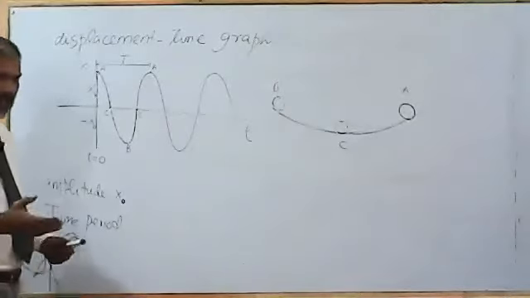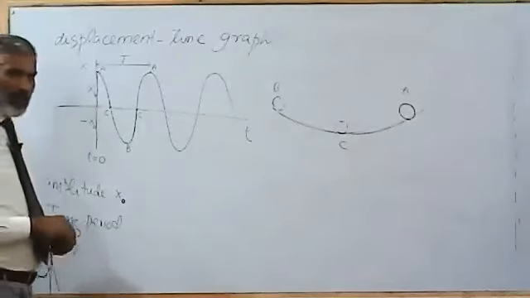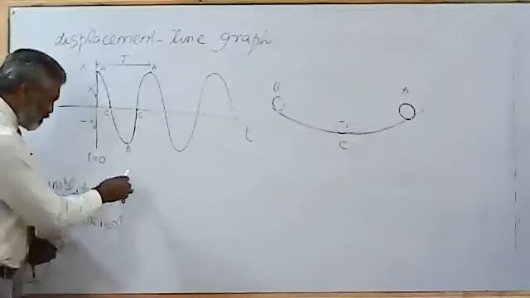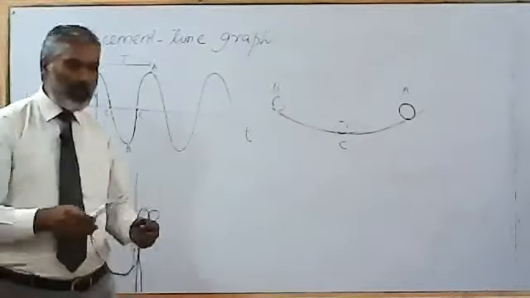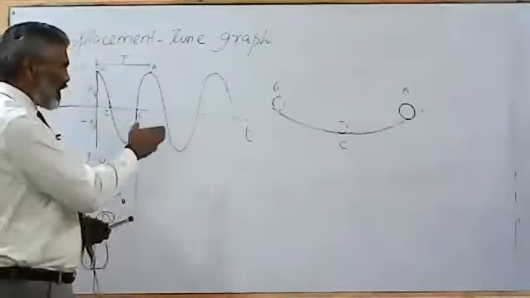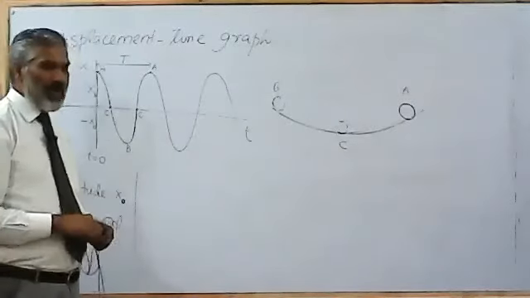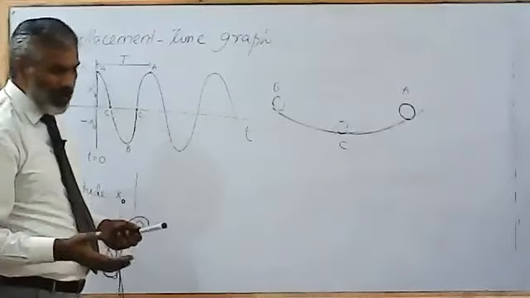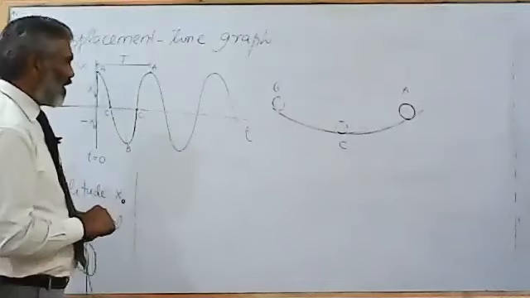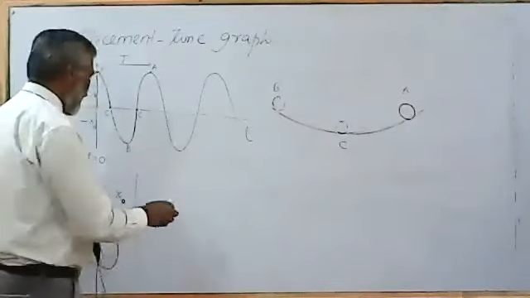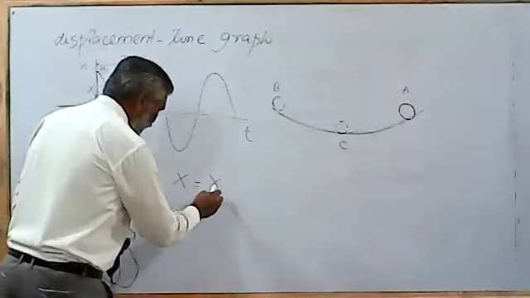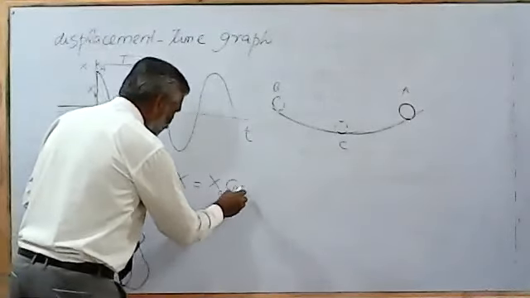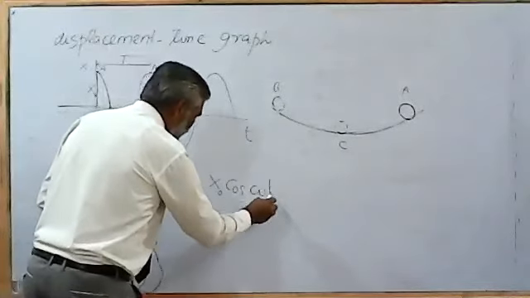But there is at least one equation that governs this change, and there are questions in the exam in which they give you that equation, and you need to understand what each quantity means in that equation, and that is x is equal to x naught cos omega t.